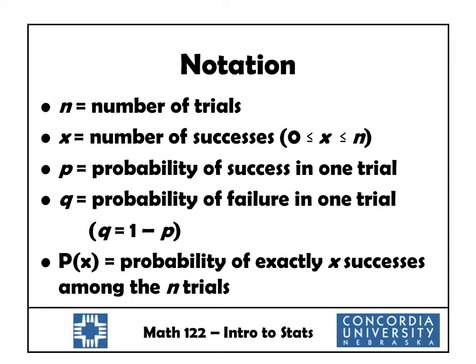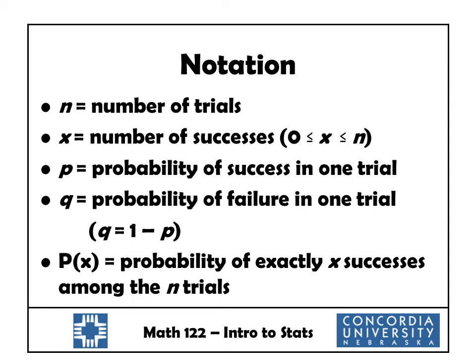Now x can take on values only between 0 and n. We can't have a negative number of successes, nor can we have more than n successes out of the n trials. Now x definitely has to be an integer, but it can only take on values between 0 and n. P is the probability of a success in one trial, and Q is the probability of a failure in one trial.